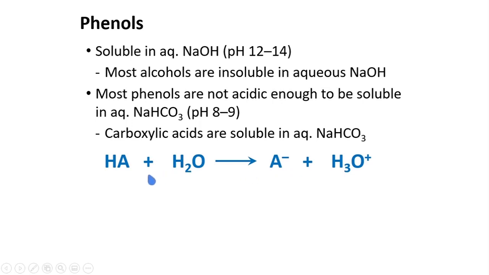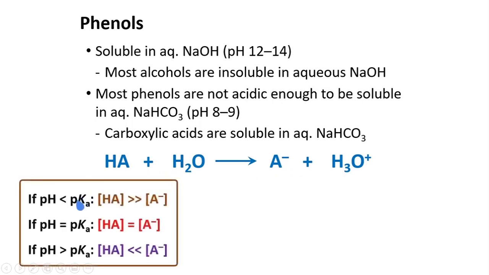To understand the implication of this equation further, we need to know these relationships. These relationships are discussed in analytical chemistry, but you will need to know this to understand our topic. If pH is lower than pKa, then the concentration of HA must be higher than the concentration of A-.